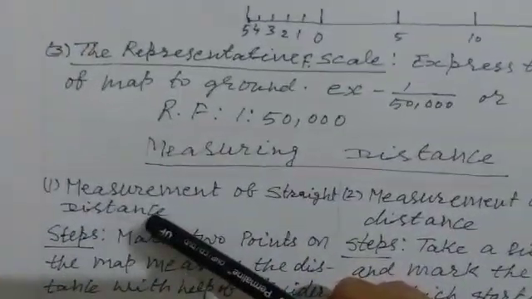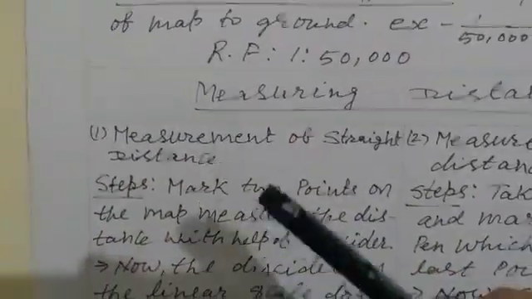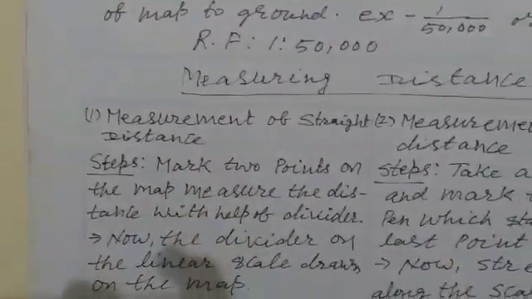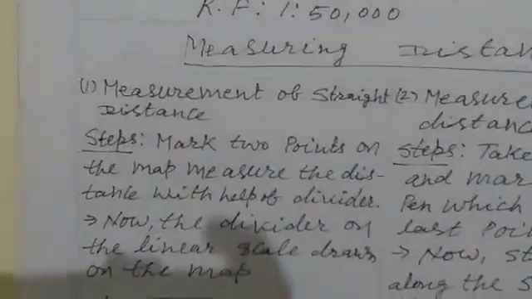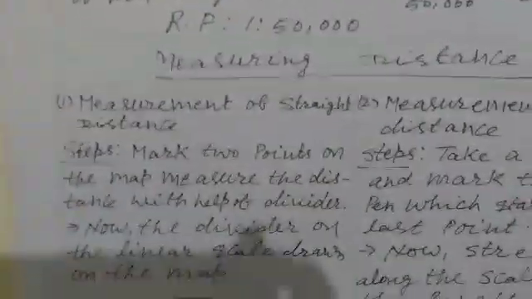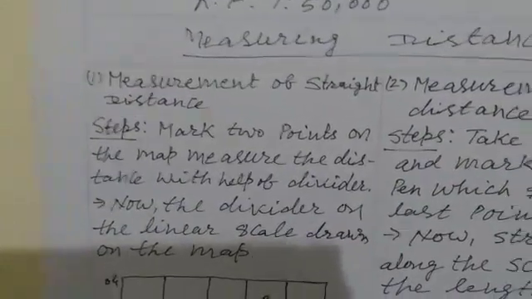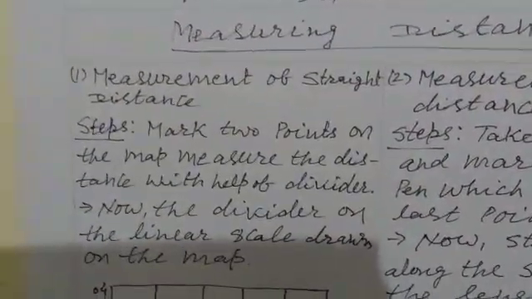First method, measurement of straight distance. In the following steps: mark 2 points on the given map or given topographical sheet.